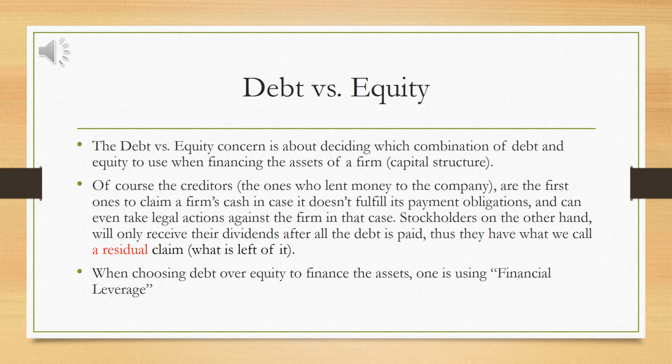Stockholders, on the other hand, will only receive their dividends after all the debt is paid. Thus, they have what we call a residual claim, which is what's left over. When choosing debt over equity to finance the assets, one is using financial leverage.